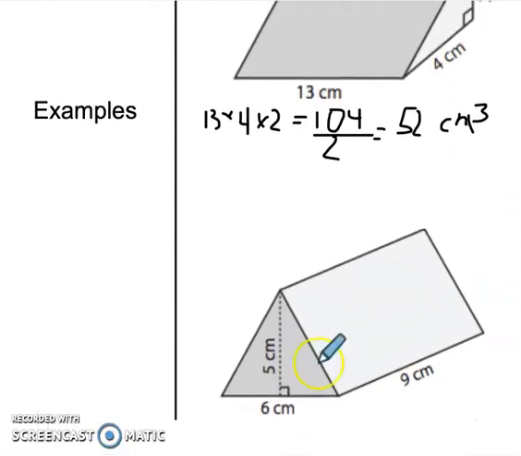All right. Looking at one more down here. Got a triangular prism that's 5 by 6 by 9. You notice I'm not using the slanted sides at all for dimensions. 6 and 5 are my base and height. There's my width. So 6 times 5 times 9. 6 times 5 is 30, times 9 is 270.